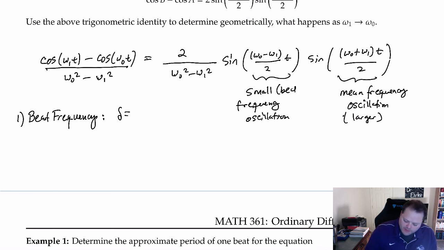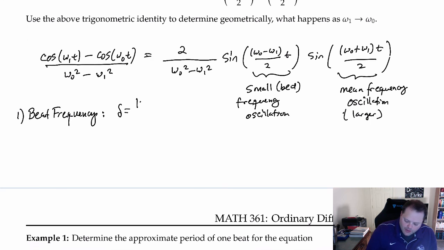This is the beat frequency. It's the smaller one of the two. It's the absolute value of omega naught minus omega 1, divided by 2, and we do it in absolute value because we're not really considering negative frequencies here, at least not in this class. So we use the letter delta for that, which means that the beat period would be delta over 2 pi.